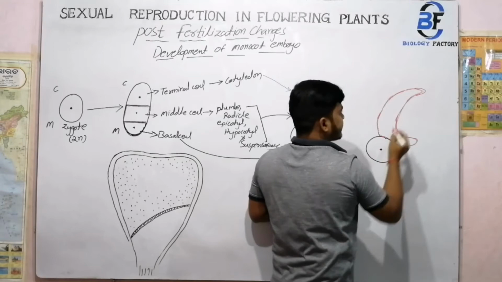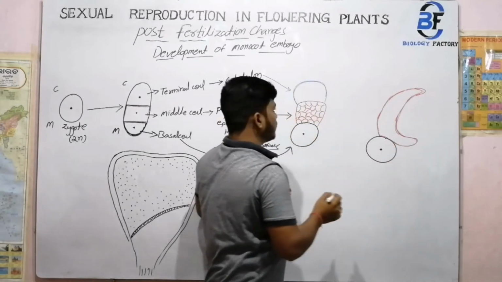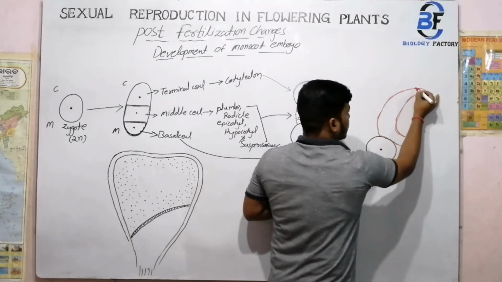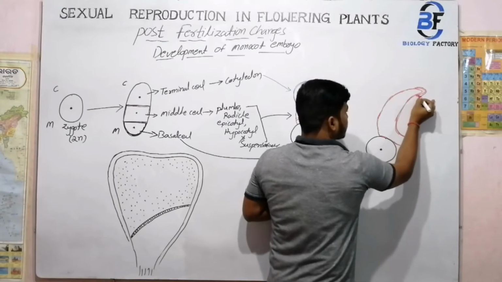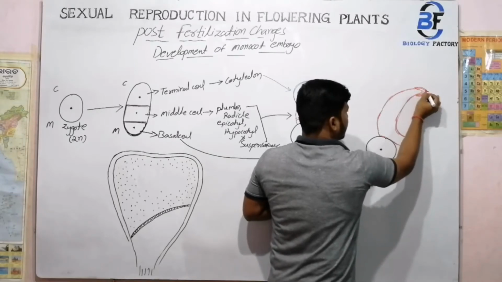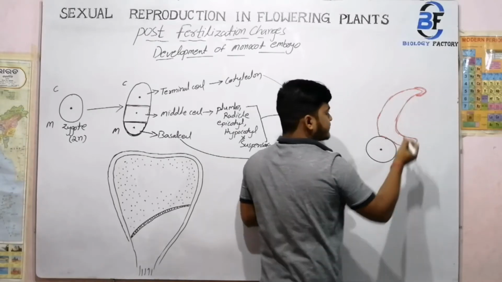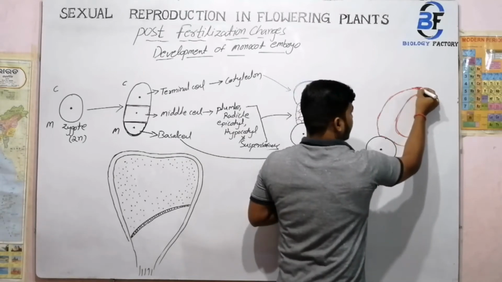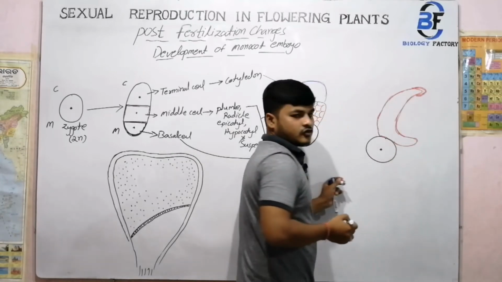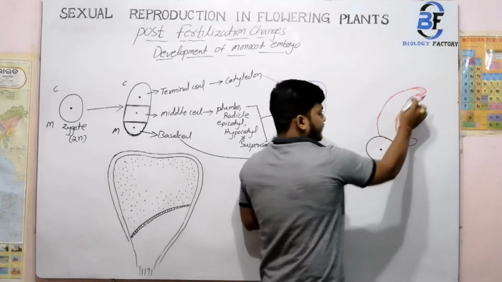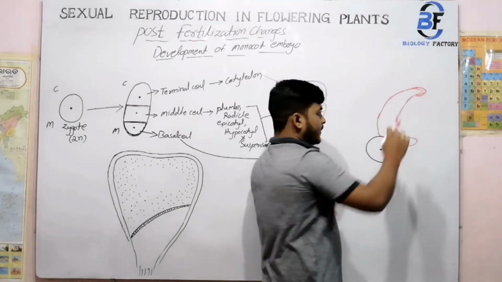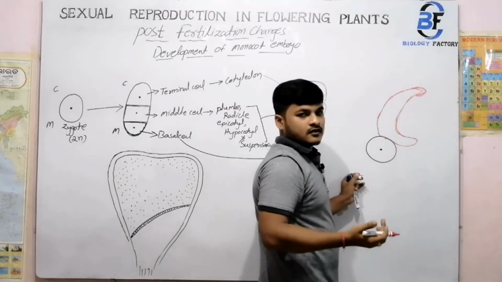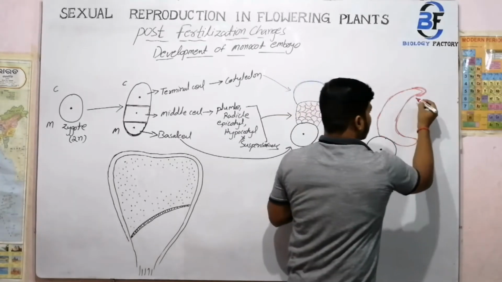So it is your middle cell. Next, the plumule is formed. But the plumule is covered with a number of cap-like structures, that means sheath, which is the structure known as your coleoptile. It is the plumule, but because of this sheath, it is named your coleoptile.